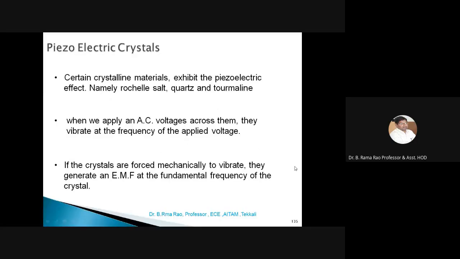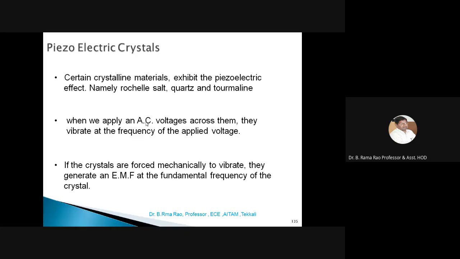Generally the AC voltage is 230 volts, 50 hertz, so the frequency is 50 hertz. When we apply this AC voltage across the slice of Rochelle salt, quartz or tourmaline crystal, they vibrate at the frequency of the applied voltage.